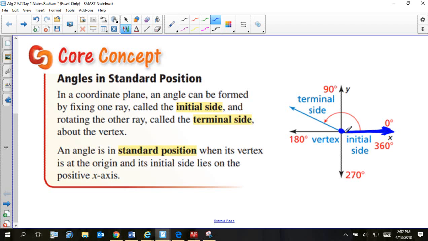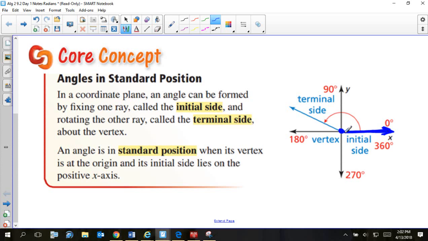And from there, we rotate one of our arms, and that's going to form an angle. If I rotate my arm all the way around, what angle did I just form? 360 degrees. That's how many degrees are in one circle. If my arm starts up and goes all the way to here, that's 180 degrees.